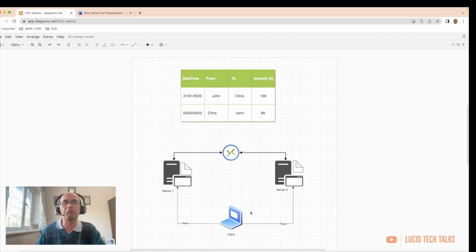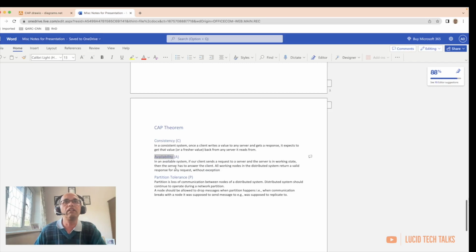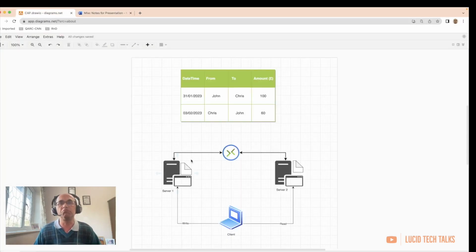But going back to the CAP theorem, what we are saying is that in a distributed system, network partitioning will happen, so you should have partition tolerance, by which your nodes can drop messages when two nodes cannot communicate. Let's not confuse this with messages in some other technology. What we are saying is that information that needs to be communicated between two nodes may not be communicated when a network partition happens.